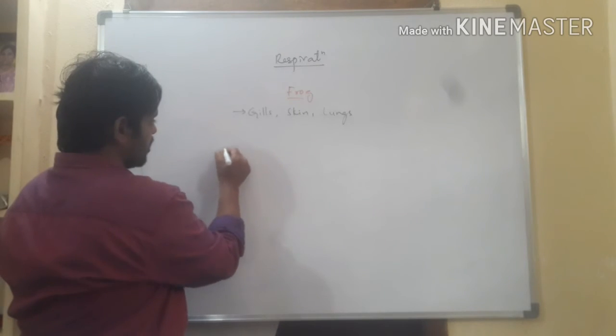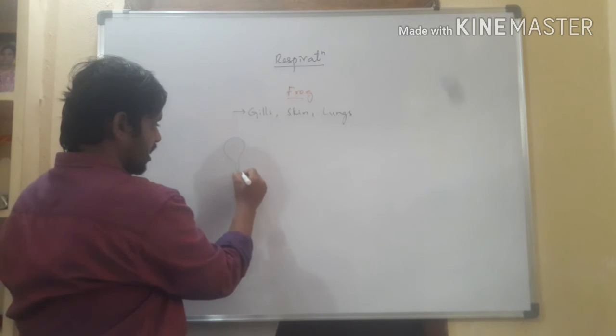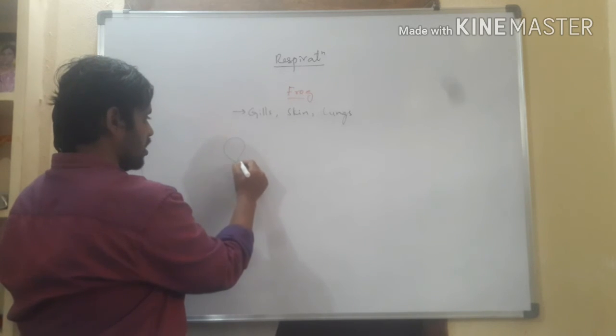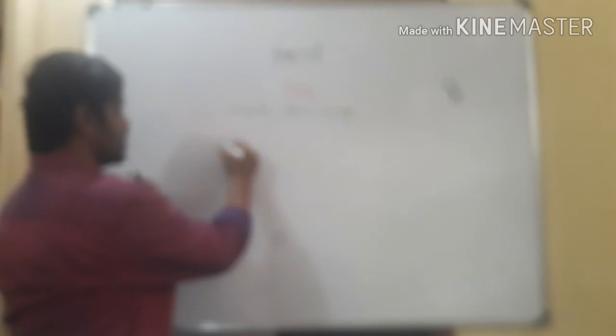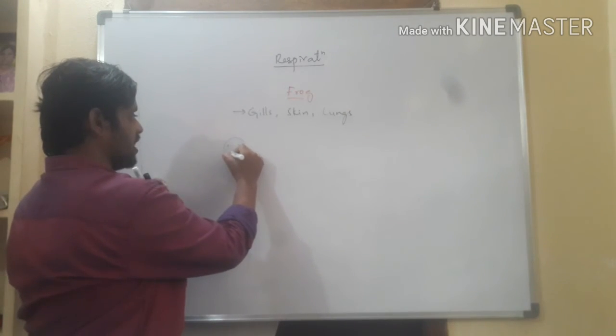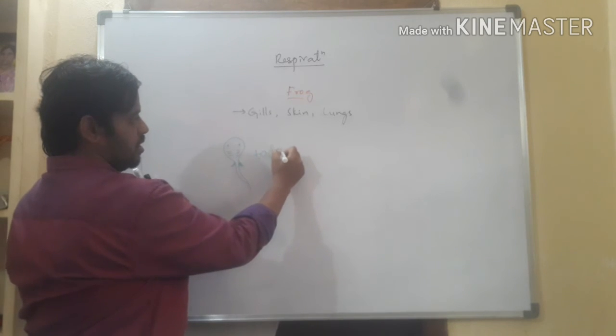When the frog is in its young form, it appears like a fish, and this form is called tadpole.